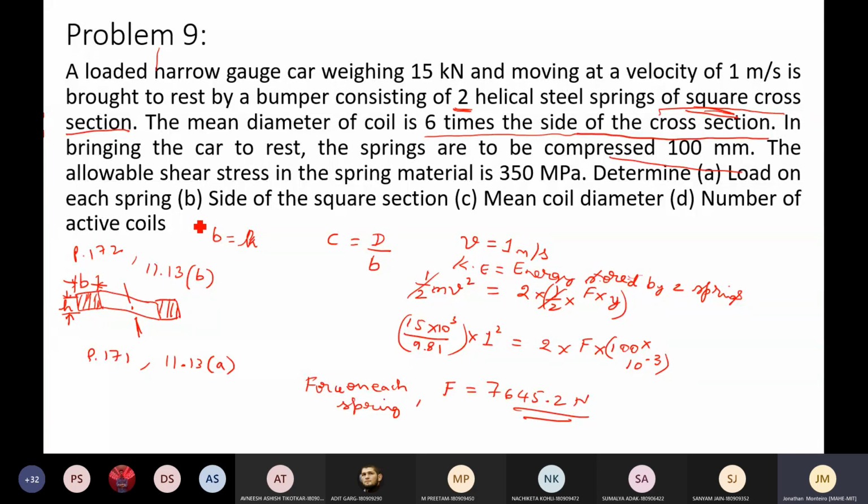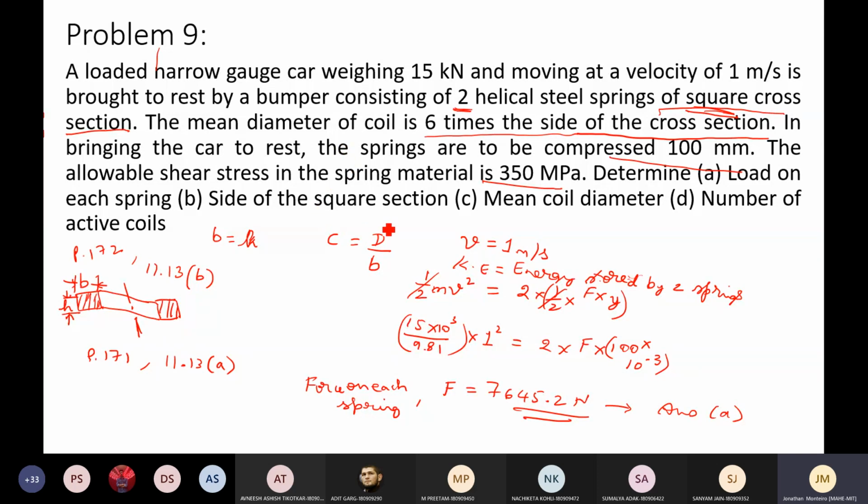Okay. Having established the force acting on each spring, let us go back to our equations and find out the allowable shear stress. Sorry, the allowable shear stress is already given: tau is equal to 350. What is the load on each spring? I can directly put it as answer A, the first one is done. Load on each spring is 7645.2 newtons.